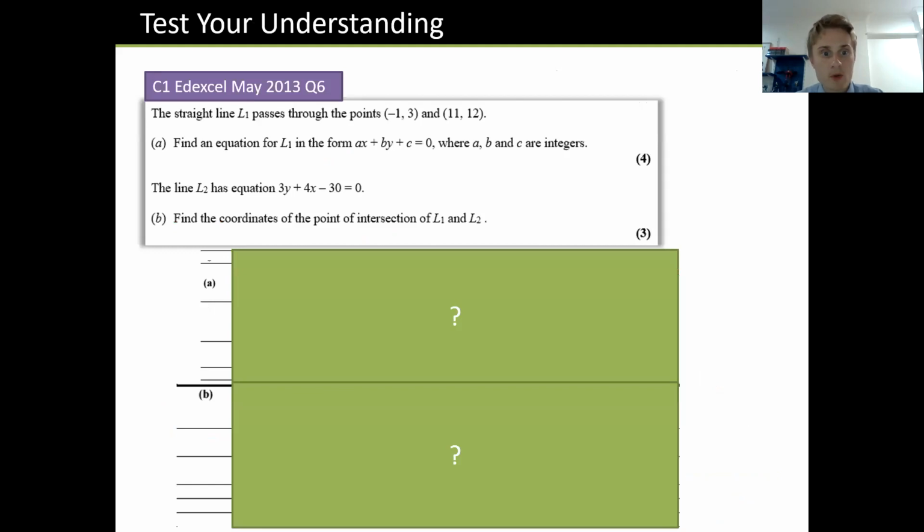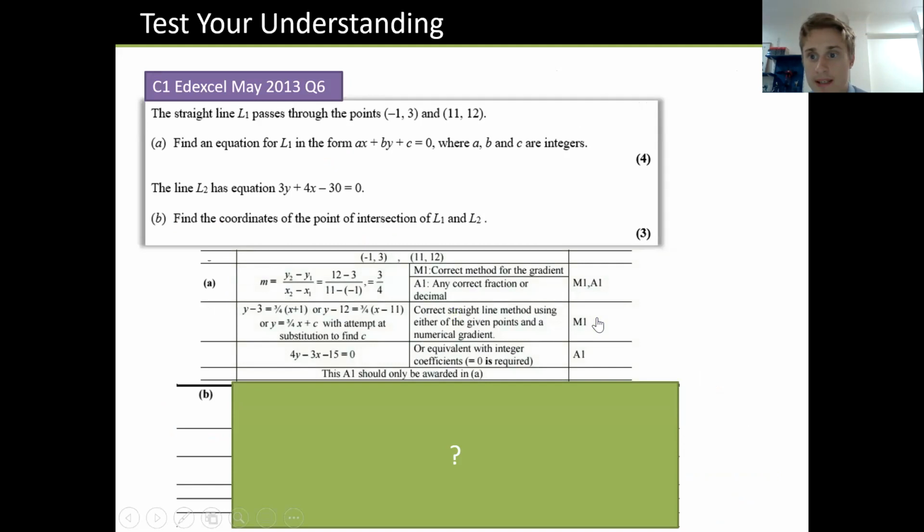Right. Pause the video, have a quick go at those ones there on the board then, and you are then finished with 5 ABC. Pause the video and have a go, please. Okay, part A was quite similar to the test your understanding from before. So difference in y, difference over x. Gradient should be 3/4.